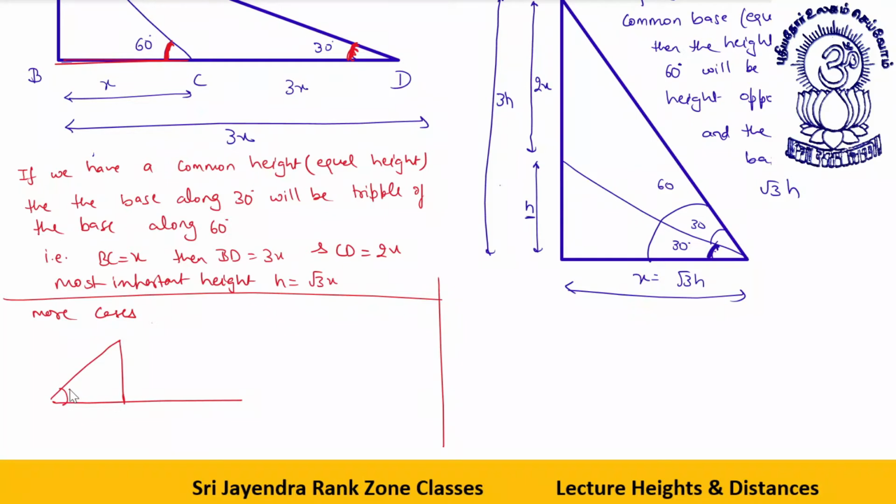This angle is suppose 60 degree. This angle is 30 degree. You have this h. What will happen, dear students? Along 60 degree you have this x, so along 30 degree you will have this 3x, and this h will be equal to root 3x. Clear?